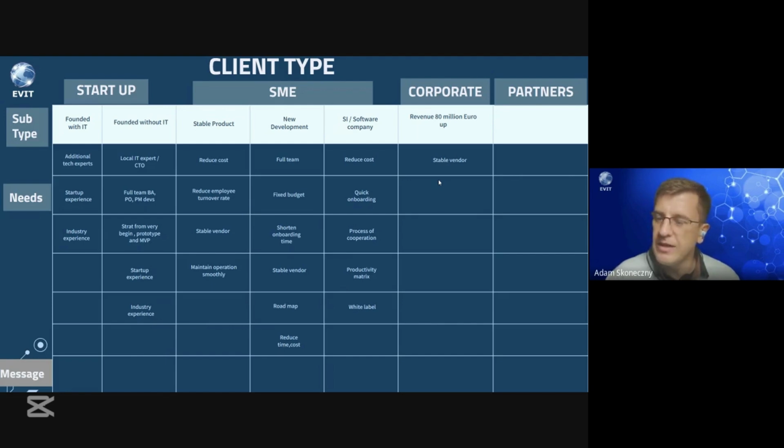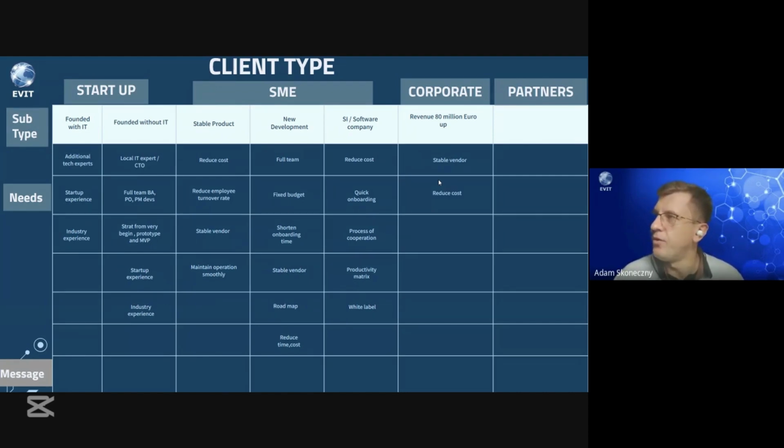And if you can prove that you are a stable vendor, you are on the market for 10 years, you work with other corporate, that will reduce risk from their side. Because usually when it's RFP, request for proposal, and they onboarding new vendors, they usually sign a contract for 3 years, and every 3 years it's shift of the new vendors. Yes, but when they sign with you, they kind of stuck with you. So they want to make sure that you are stable and you will stay at least for 3 years with them.